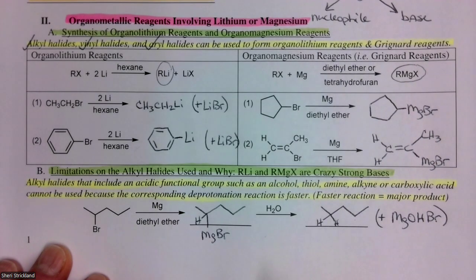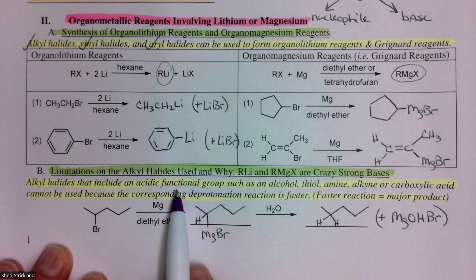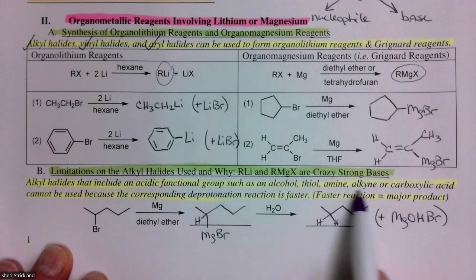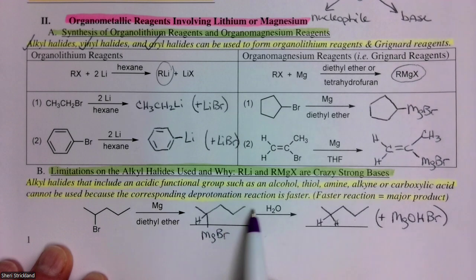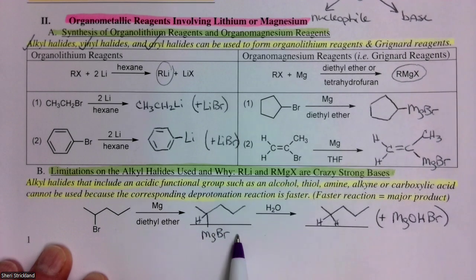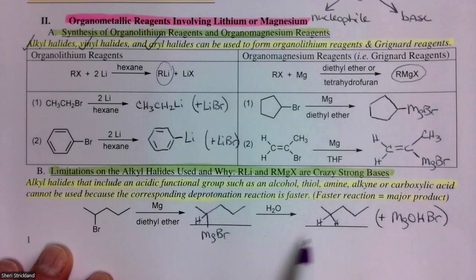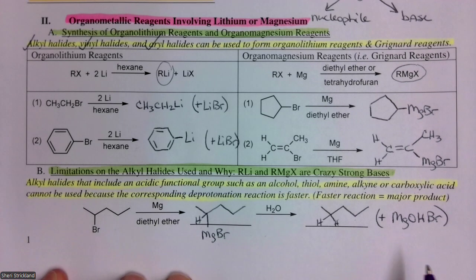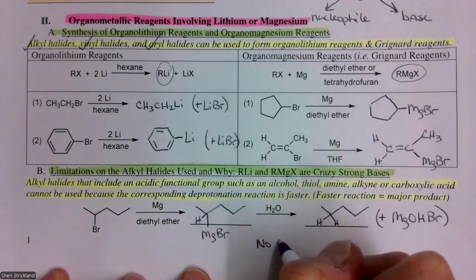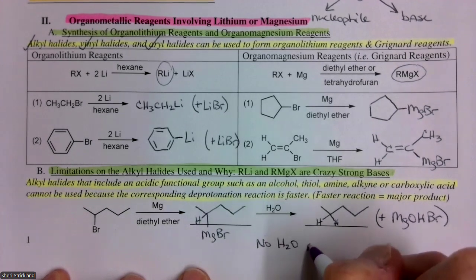Okay, so you can't have a polyfunctional molecule that has any of these functional groups in it. You also can't have any water around your Grignard reaction of any kind because it will just undo your Grignard reagent in a heartbeat. So when you do a Grignard reaction in lab, make sure that you have no water anywhere.